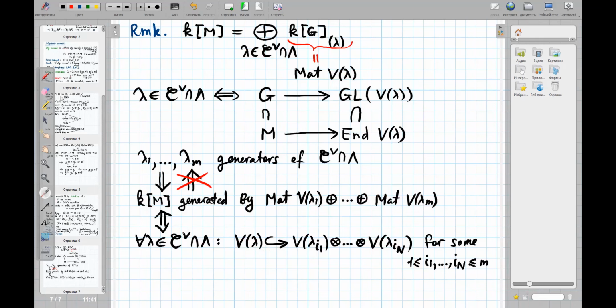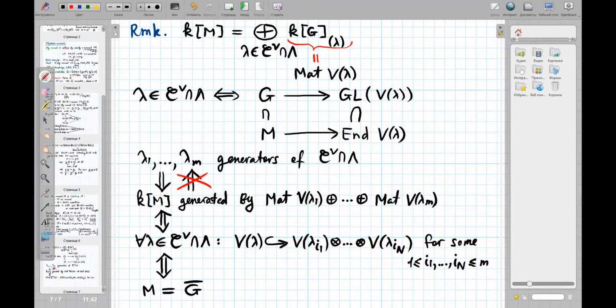Another equivalent condition is that the monoid M is exactly the closure of the group G in its representation given by the direct sum of these irreducible representations corresponding to the generators of the coordinate algebra.